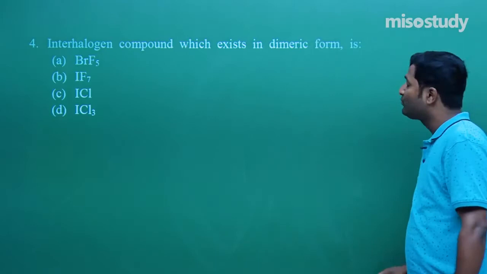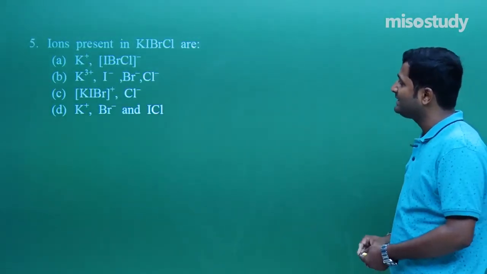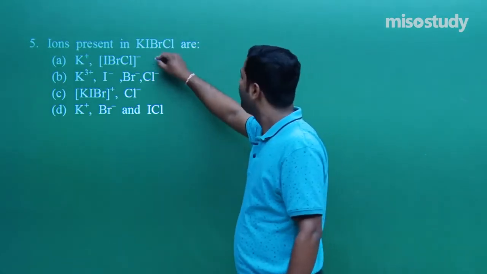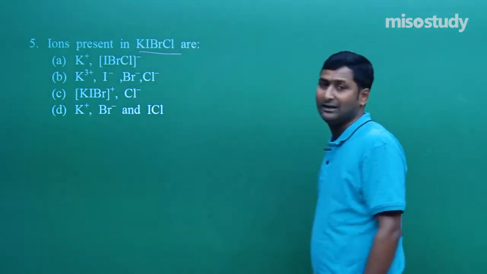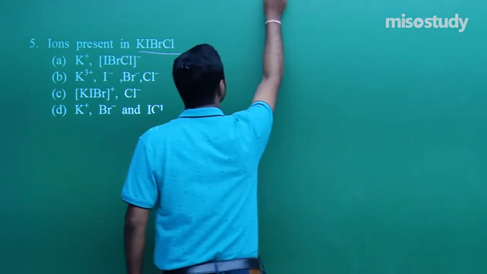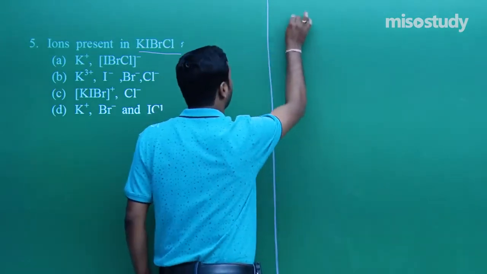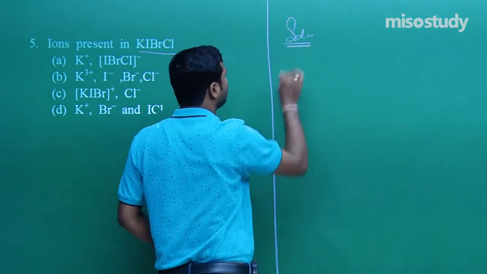Now, let's move to the next question. Ion present in KIBrCl. Now, definitely it will dissociate. Check it out what I'm telling.